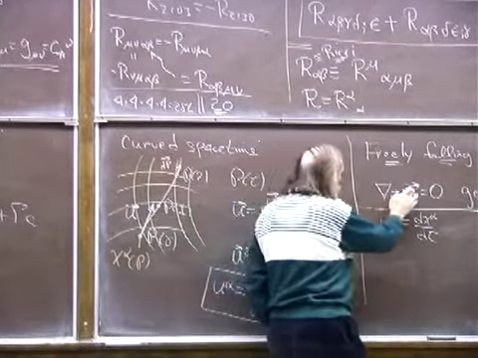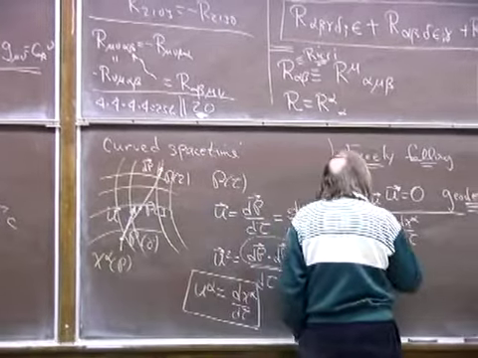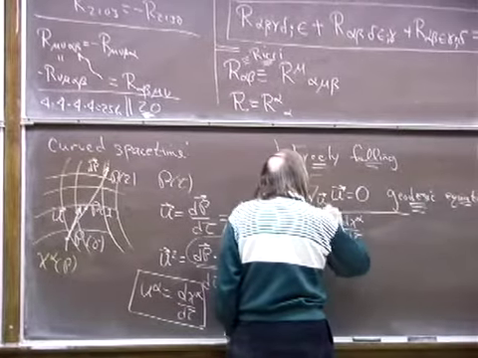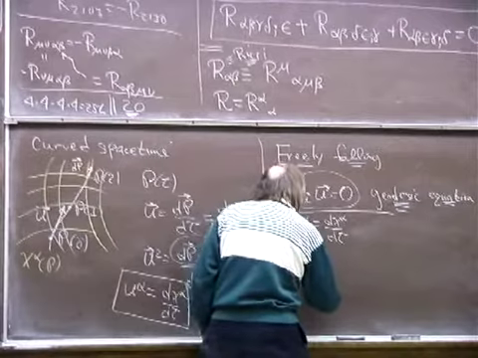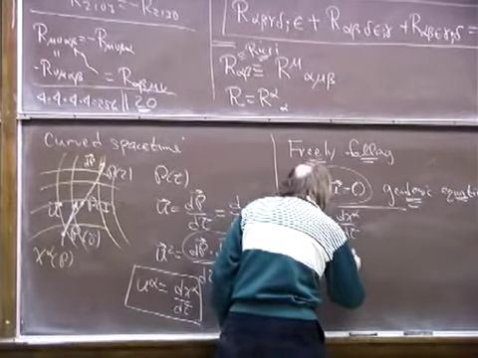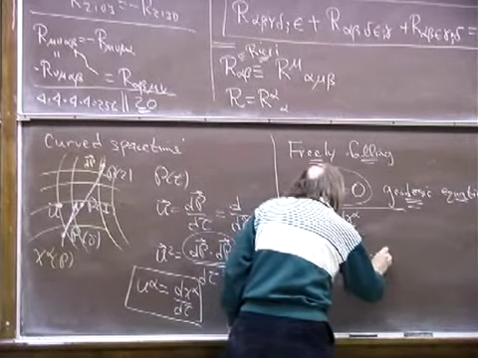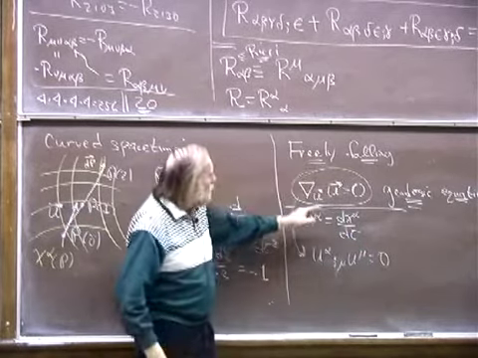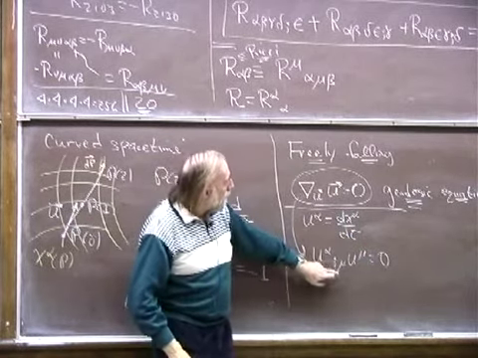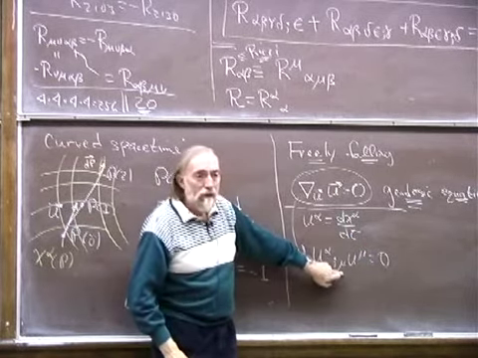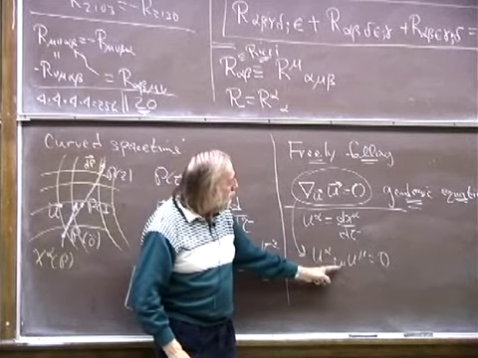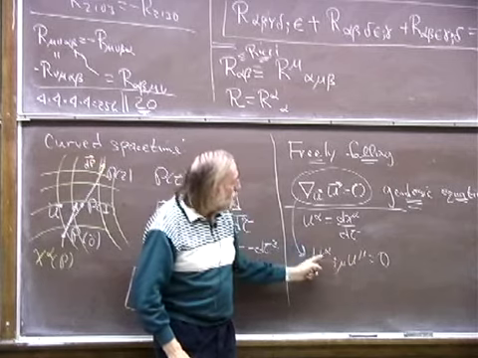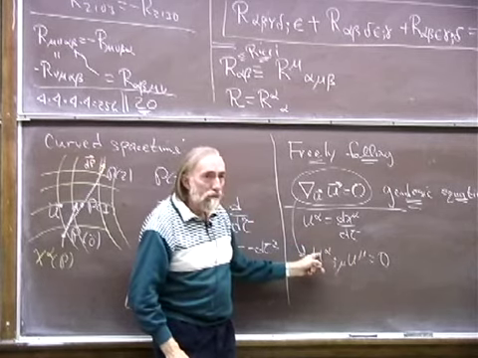And this geodesic equation I can write as saying u^alpha_{;mu} u^mu is equal to 0. That's just this equation written in index notation. That is, I take a derivative along u of u.